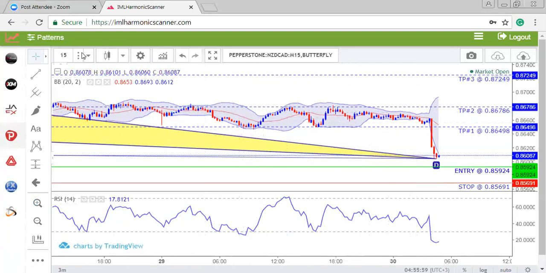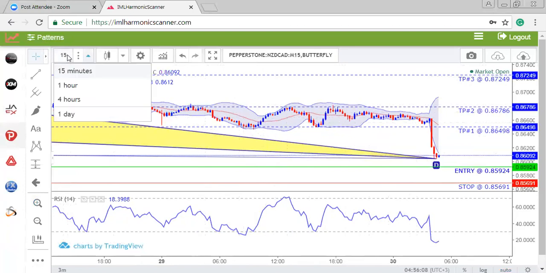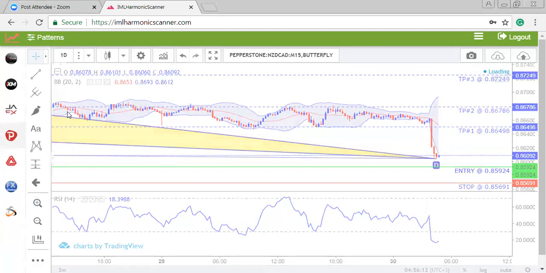Okay. And you can even come over here to the very left box. You see this with the 15 because we're in the minute 15. You can even click in there and go to the daily chart if you want and look at the overall trend. Oh, come on. I clicked daily and now it's not loading.